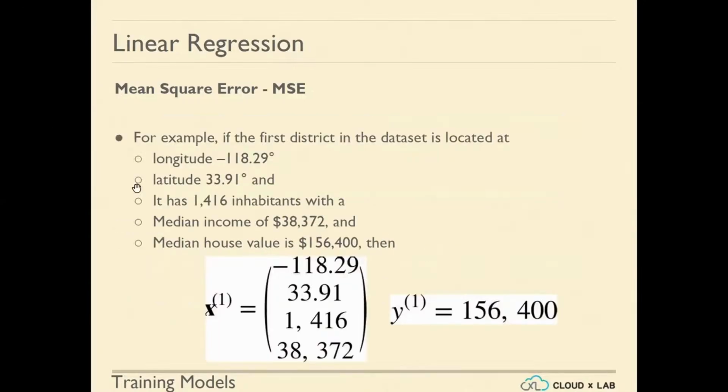So let's take an example. Let's say for the house price prediction problem, we have several values: latitude, longitude, then median income, median house value, right? So if we are predicting median house value, then this value is the actual output. So here y1, where 1 means the first example, the first training data point, right? So superscript 1 means first example.